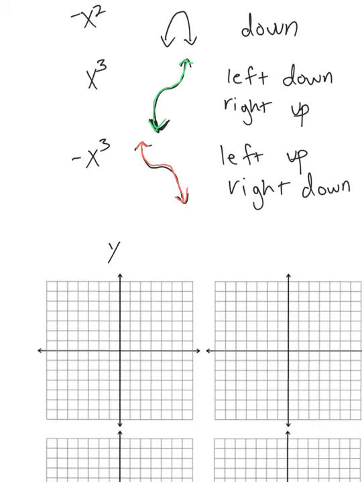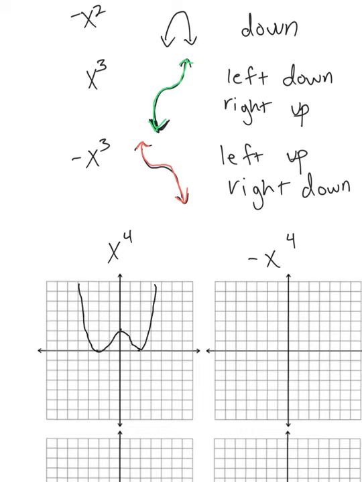Next, the one we should recognize is our x to the fourth. Our x to the fourth has a positive and a negative. The key to our x to the fourth is that it has 3 humps. The number of humps in between is always 1 less than our exponent. So our x to the fourth has 3 humps and kind of looks like this.